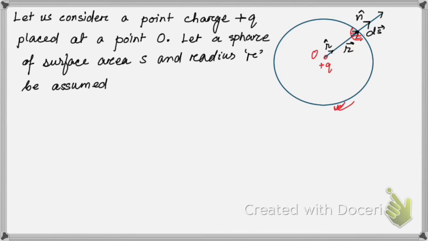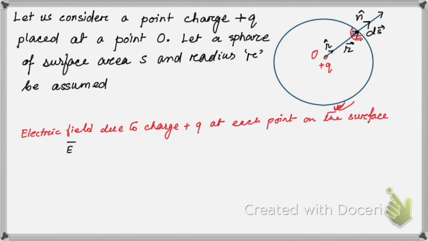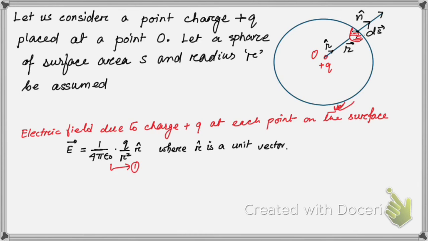Here you see, the electric field due to the charge enclosed by it, that is Q positive, at each point on the surface is given by E equals 1 by 4 pi epsilon naught Q by r square r cap, where r is the radius and r cap is the unit vector along this radius, right? This is suppose equation number 1. So here we have considered a point P. This point is P, on this small area element ds, right?